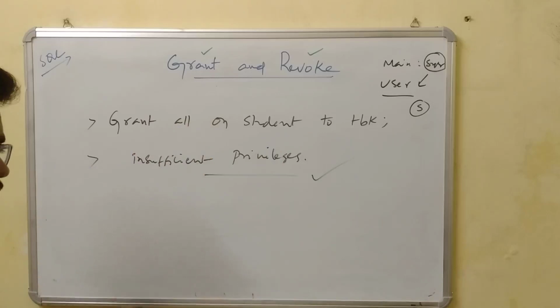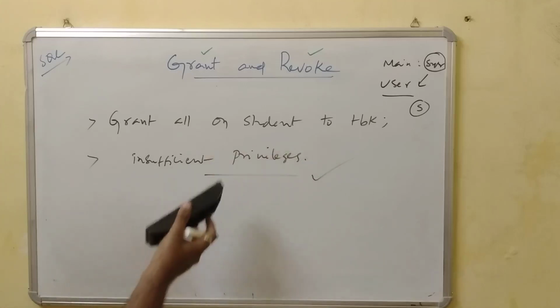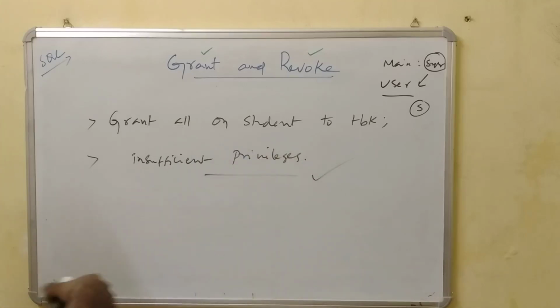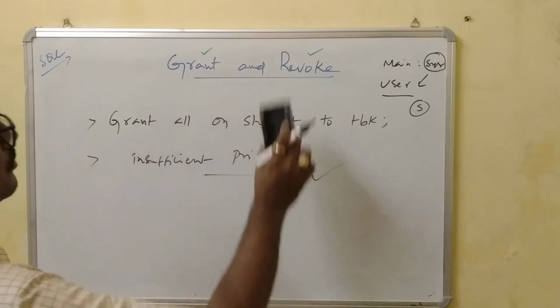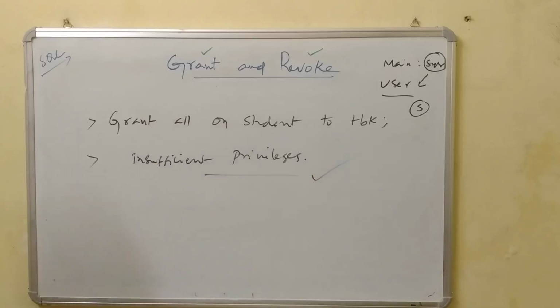We are already in a user role, so we cannot grant something again to some other user. That's why only the administrator can give permission to any other user or role to work on the specified table or database, right? I hope you understand. So this is about the grant and revoke commands.